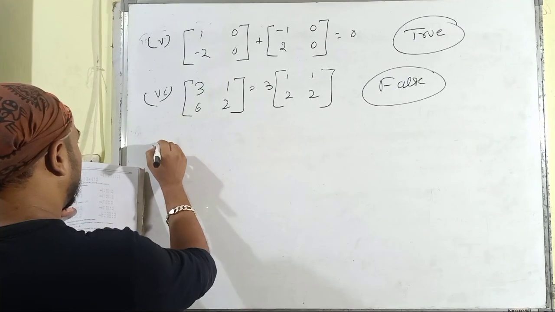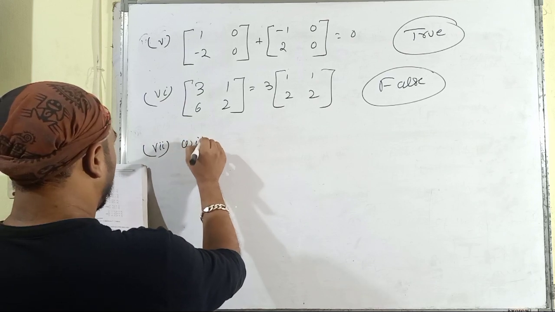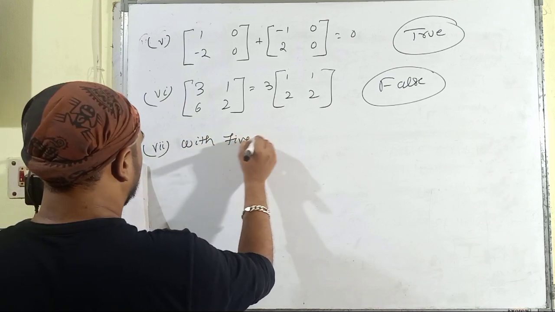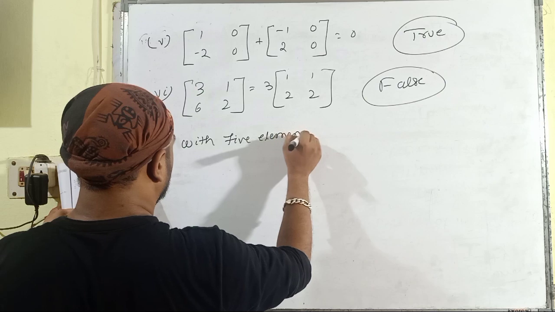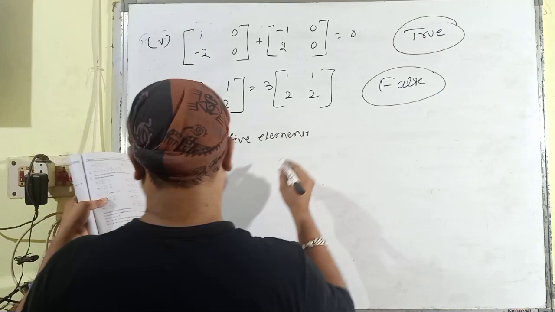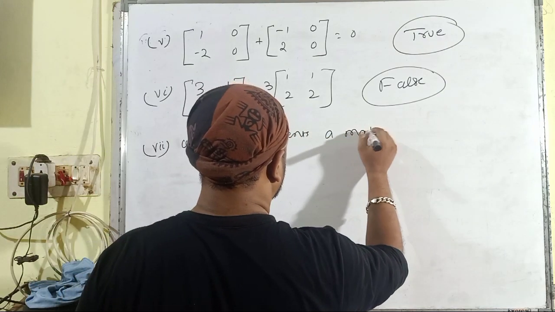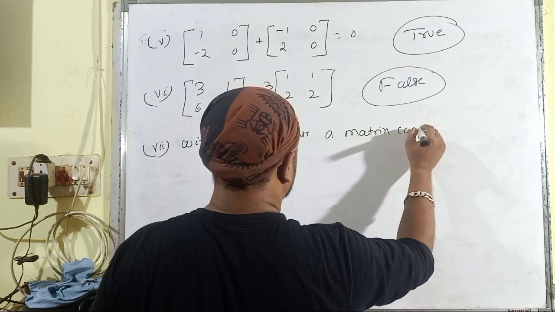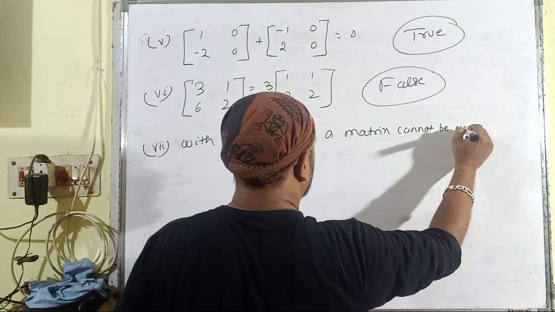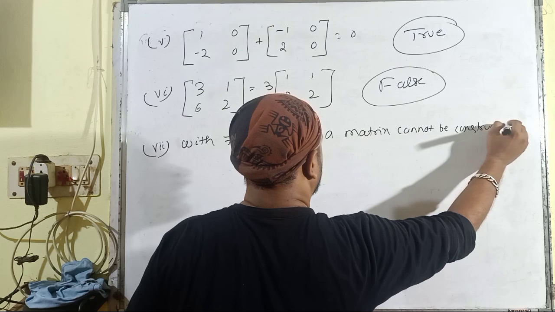Then the seventh, with 5 elements, a matrix cannot be constructed.